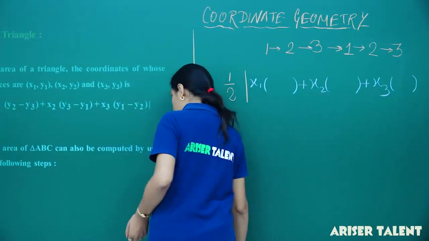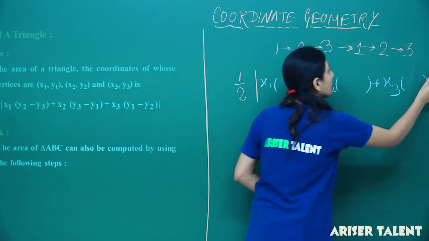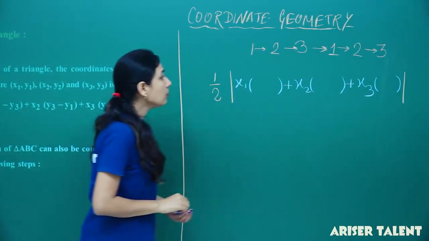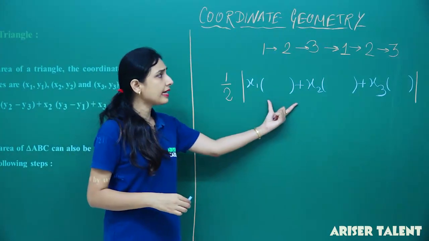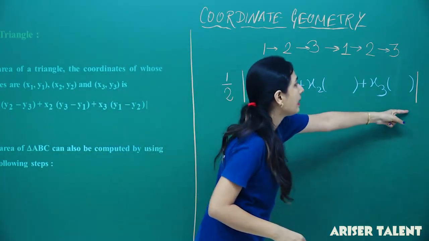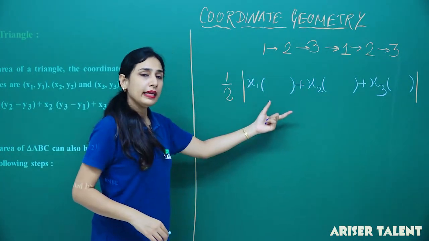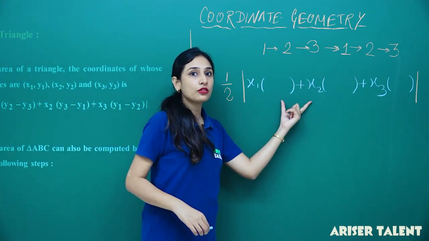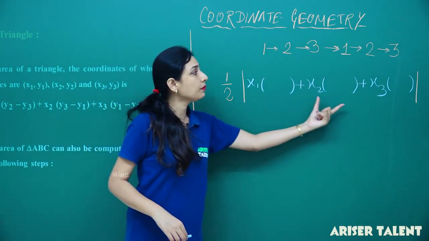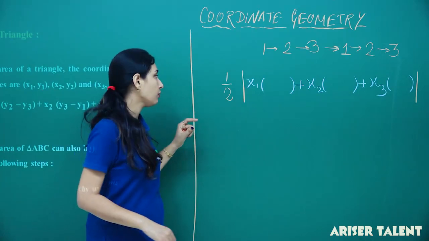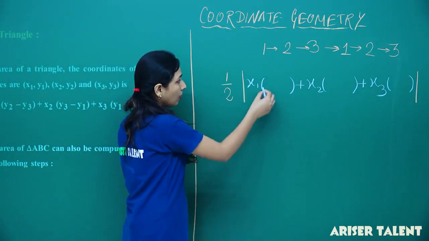And then I'll close this modulus. So whatever the value will be inside this line and this line, even if it's negative, even if it's positive, the value of this complete modulus will always be positive, right?